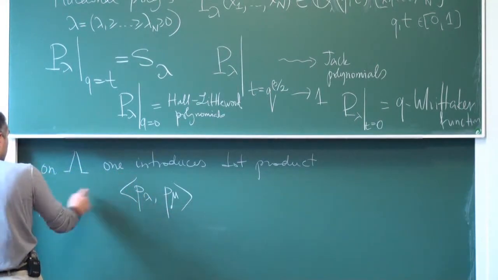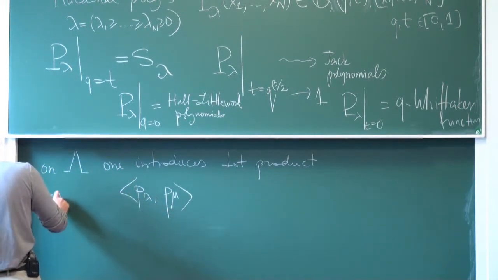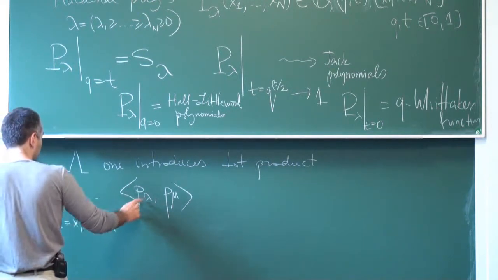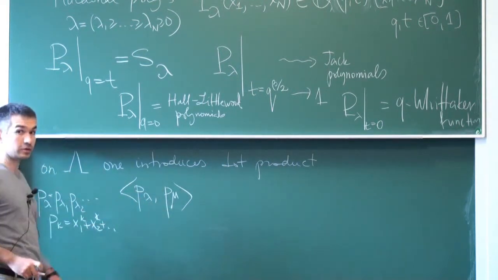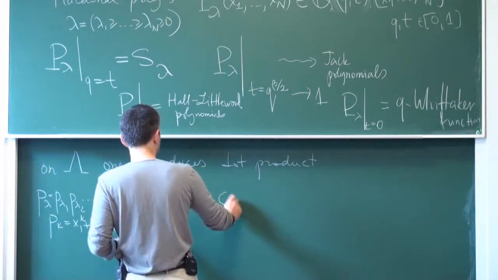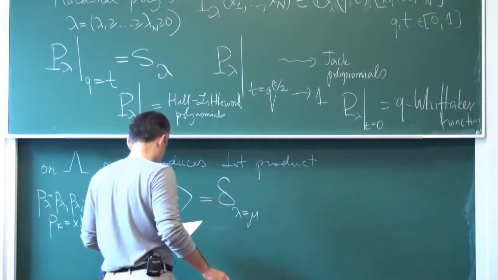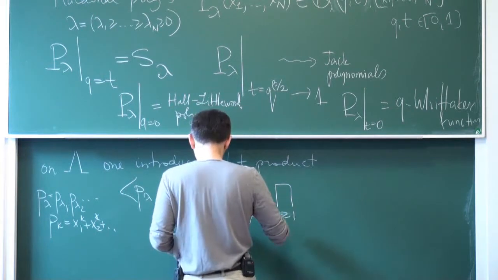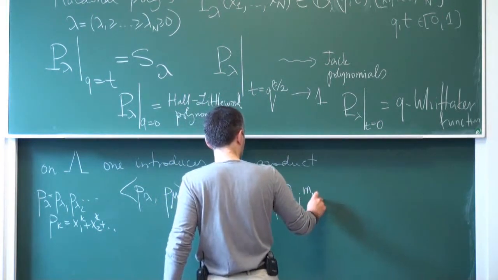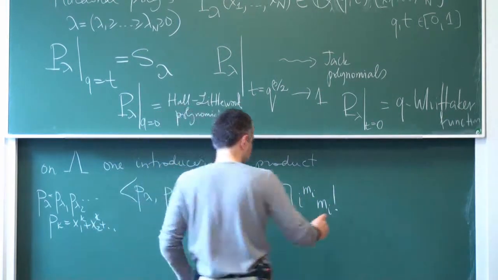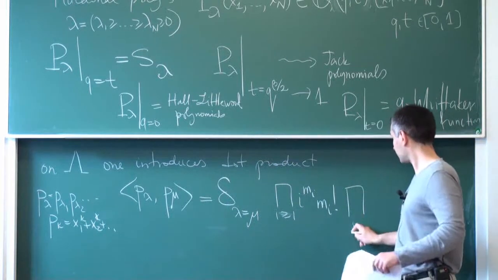The little p is the basis of the power sums. When I index it by a partition, I just take the product of power sums with the parts being the parts of the partition. So this basis is orthogonal, but then there is a non-trivial dot product on the basis. The norm is not 1, but is given by a certain expression.